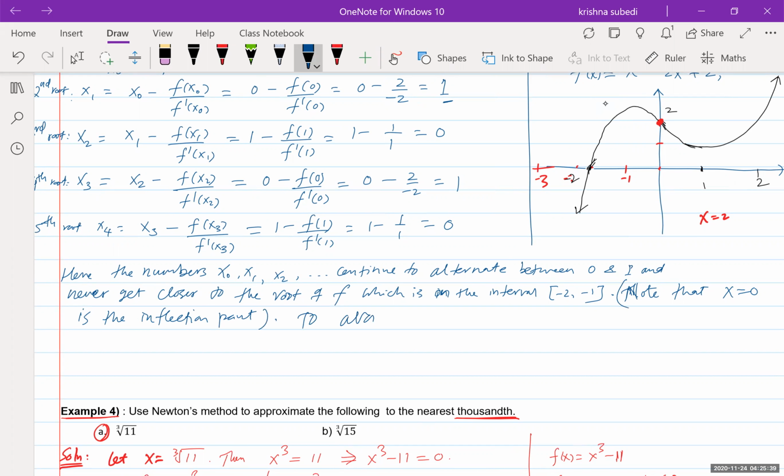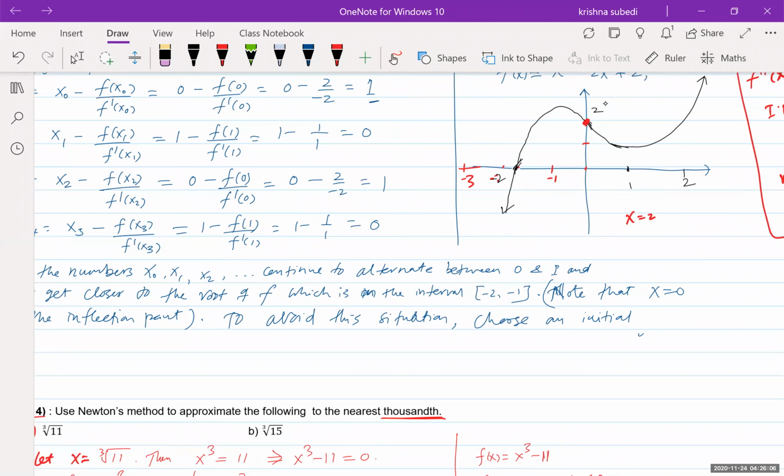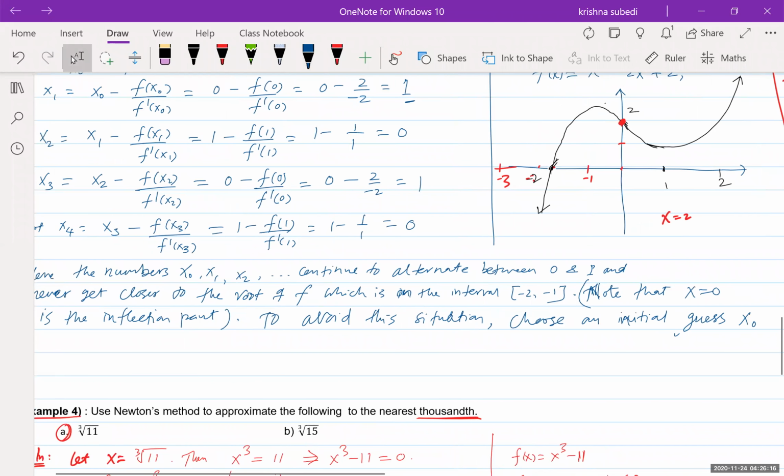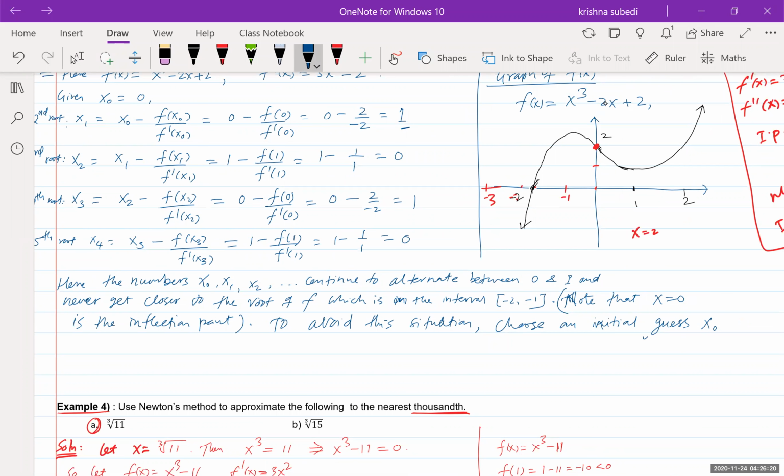So to avoid this kind of situation, choose an initial guess x naught, your initial guess x naught, the first root, closer to the actual root.